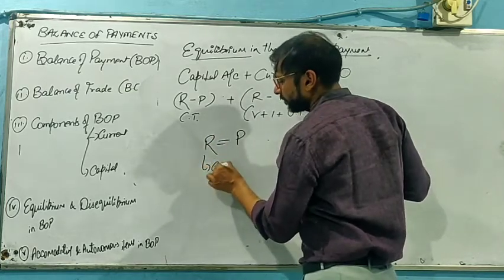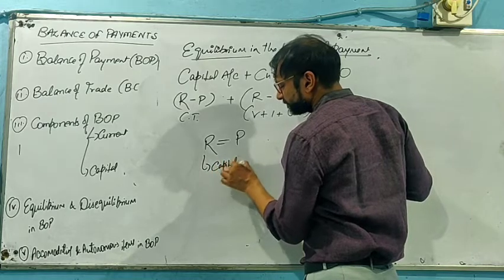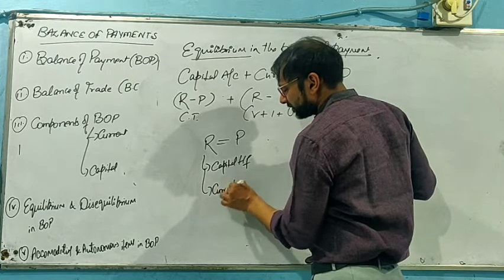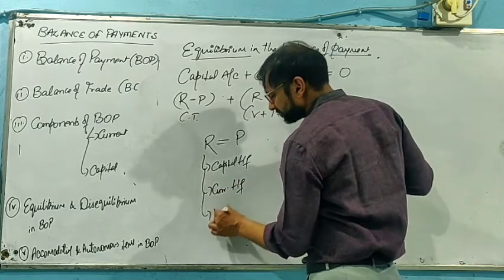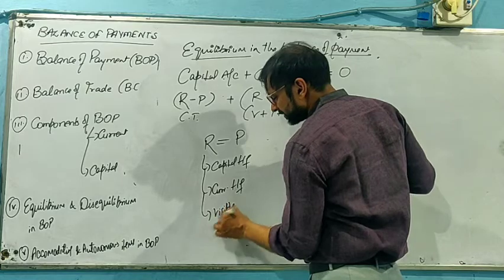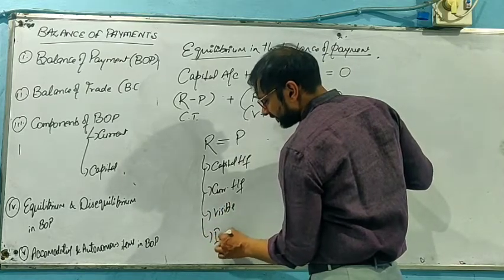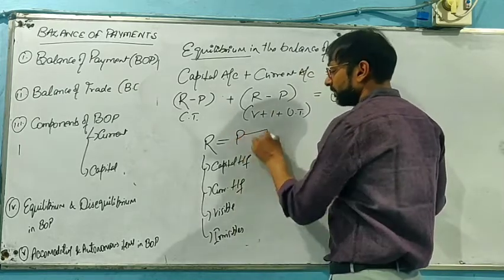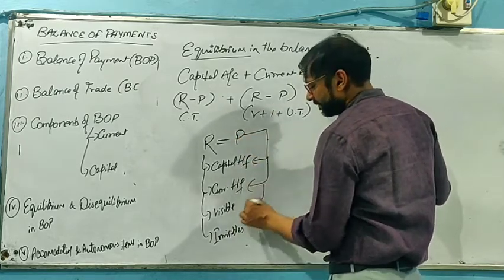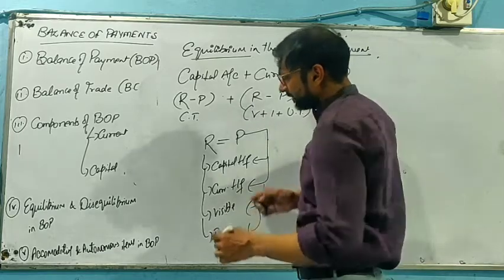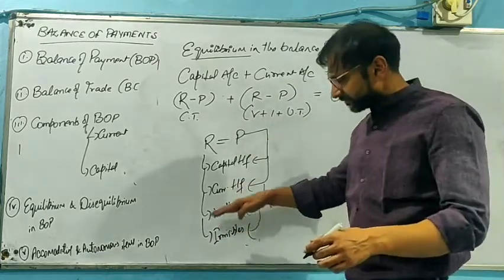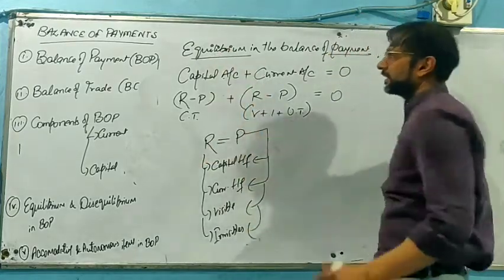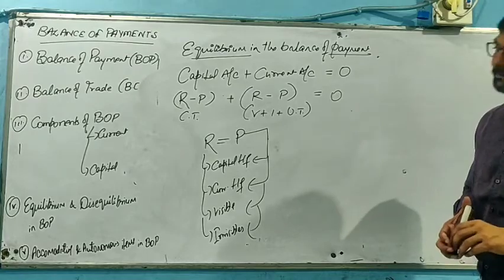Receipts in respect of capital transfers, receipts in terms of current transfers, receipt in terms of visible items, receipt in terms of invisible items. Likewise, with respect to payment, if these payments are also undertaken for capital transfer, current transfer, visible item, invisible item, if both become equal, we can say equilibrium in the balance of payment will be met.